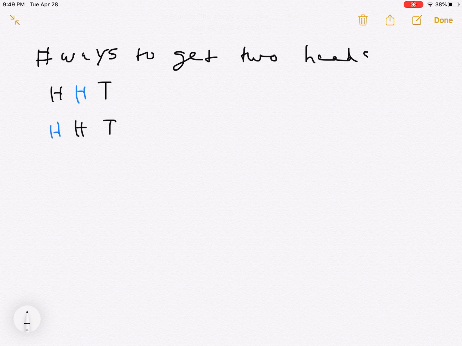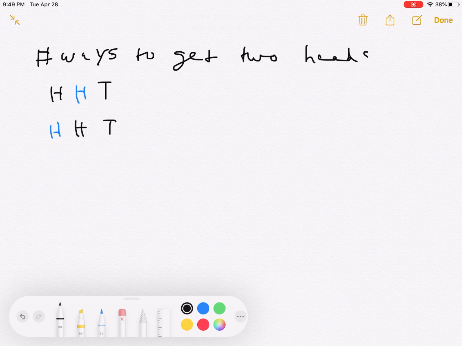I don't care whether the first coin lands heads or the third coin lands heads, so long as only 2 of the 3 tosses land on heads. So this indicates I should use a combination and not a permutation. If you were to write down a permutation, you'd have the wrong answer, and you'd have to remember to divide by the number of ways to reorder the heads, which is 2 factorial, or 2.